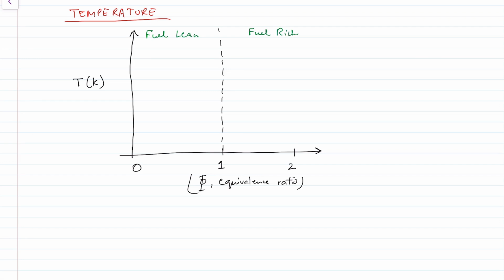And if we say this is about 2000 Kelvin right here, the plot actually looks something like this, and it's more qualitative in one sense.